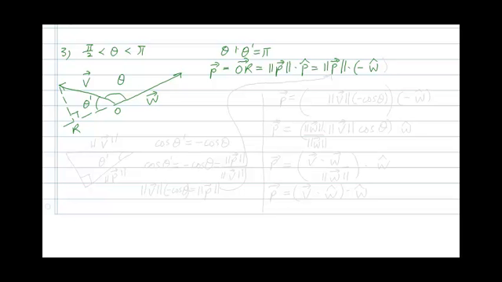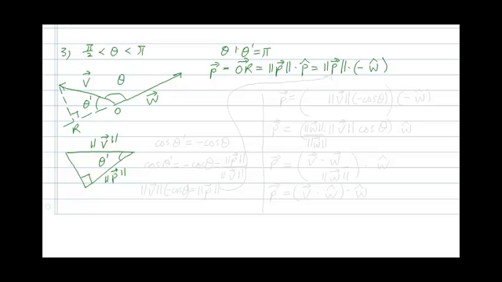We again look at the triangle itself and examine the length and angle. We draw a right triangle and we put theta prime there, and the adjacent to theta prime is the magnitude of vector p, and the hypotenuse is the magnitude of vector v.